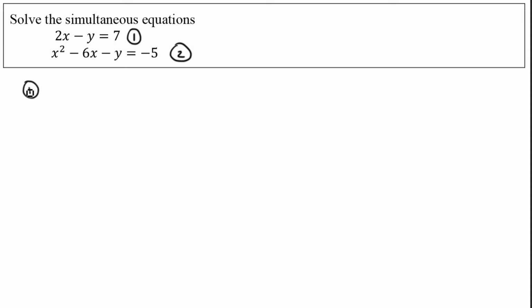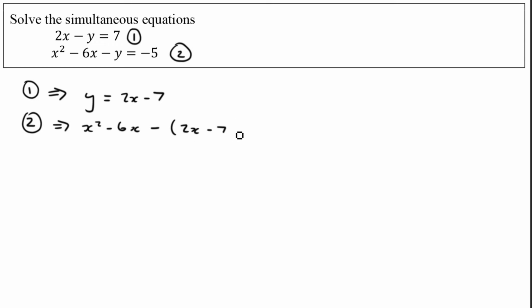So if we take equation 1, we can rewrite that as y is 2x subtract 7. We can then substitute this into equation 2, where we have x squared subtract 6x subtract 2x subtract 7 is negative 5. Now we have an equation which is just in x, so let's tidy it up and see if we can solve it.